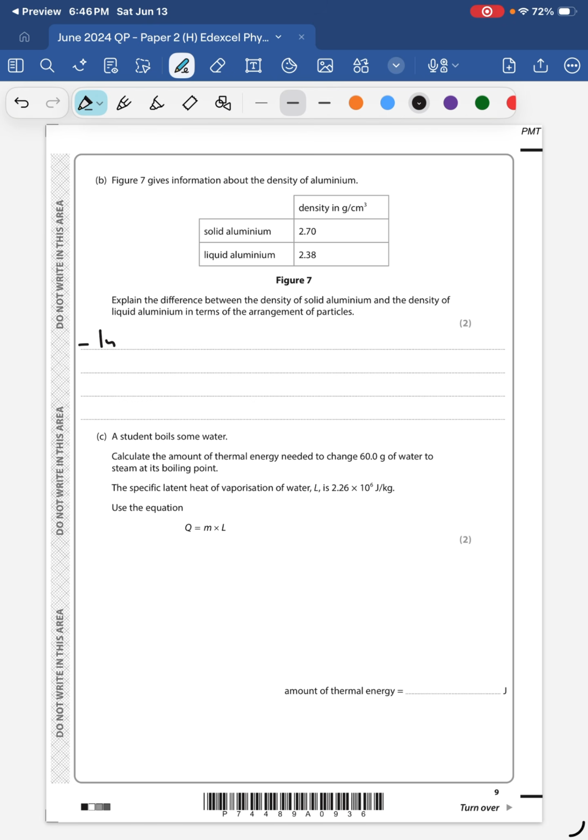So in the solid state, let's write the answer. In the solid state, particles are held in a closely packed, regular arrangement.